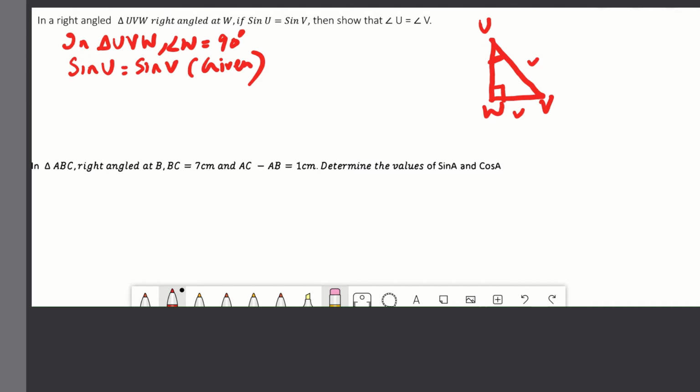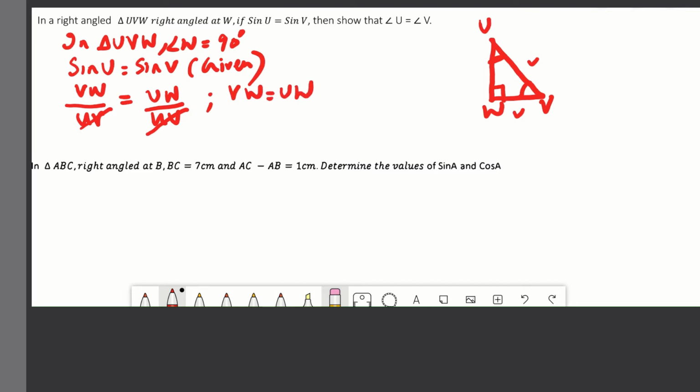So, we can write it is VW divided by hypotenuse UV and this is equal to sine V. Sine V means opposite is UW and hypotenuse is UV. So, we can see that UV we can cancel so that we will get VW is equal to UW.